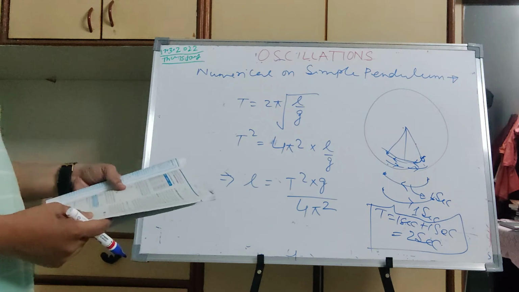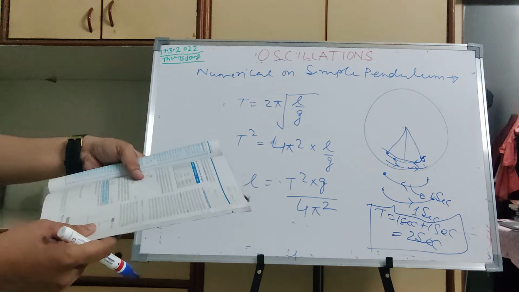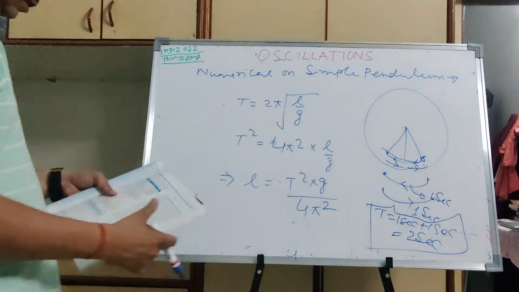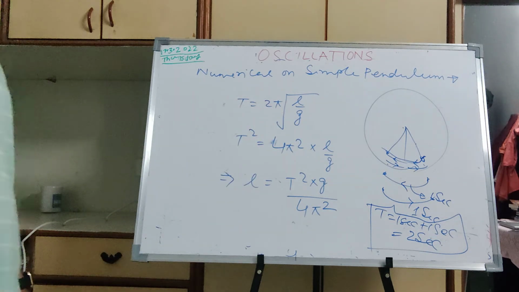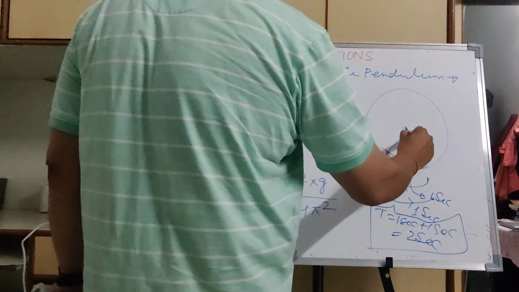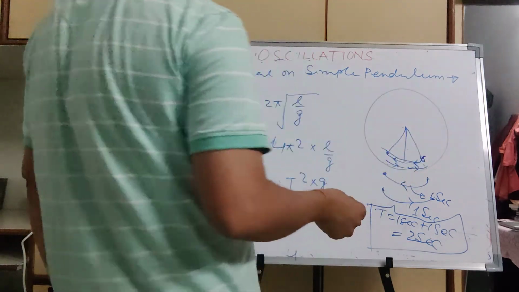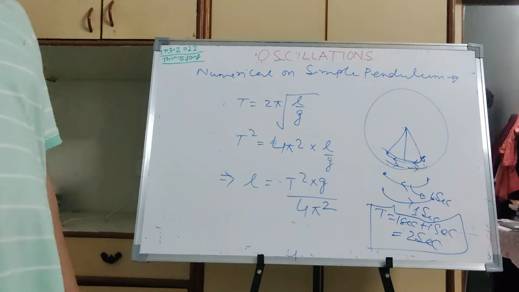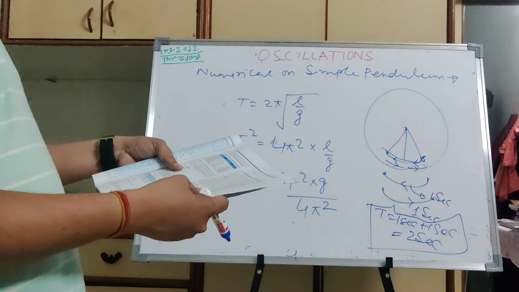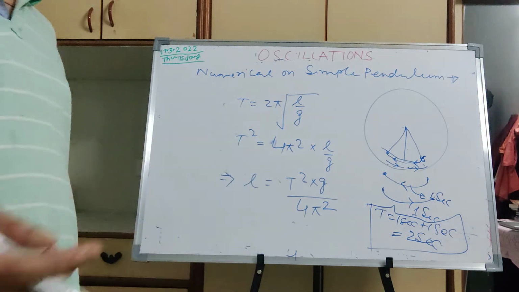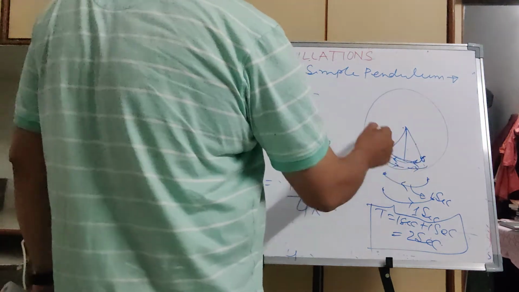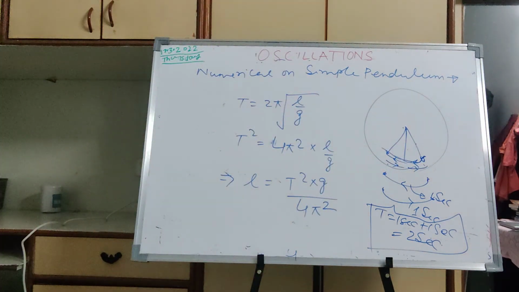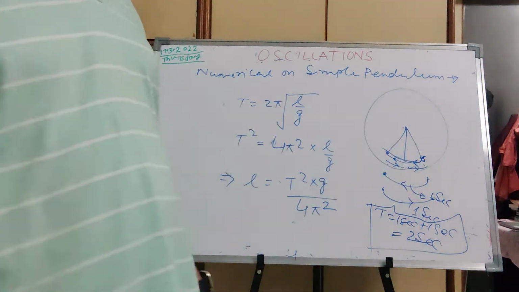Knowing this time period as 2 seconds, now your job is to find the length of this pendulum. In a wall clock or whatever, they are asking about a pendulum whose time period is 2 seconds. So find the length of a simple pendulum which ticks seconds. That means its time period is 2 seconds.